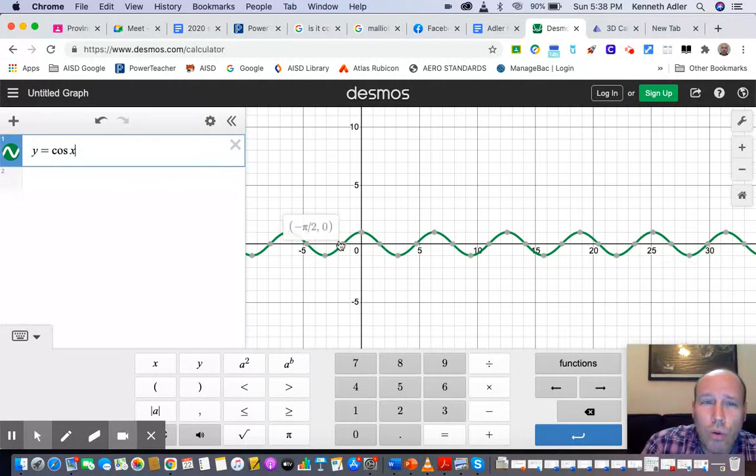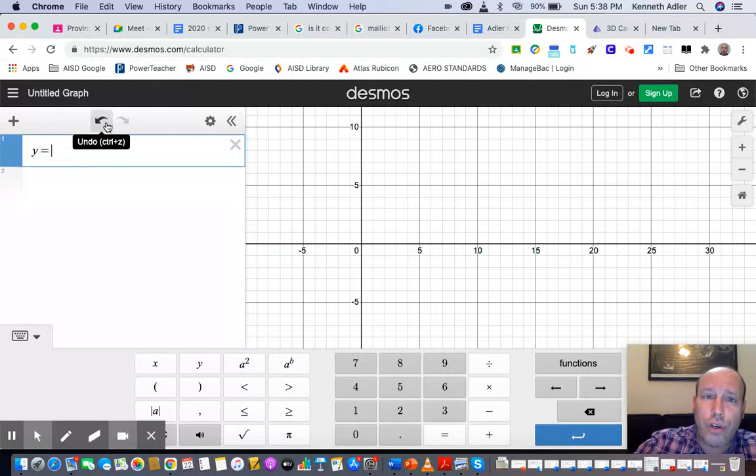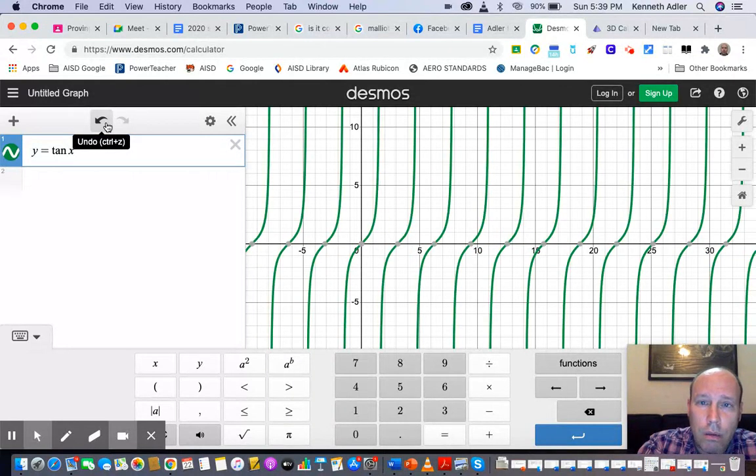What about tangent? Well, from last year you learned that tangent is sine over cosine, and we see there that cosine is sometimes 0, right? So we know there are going to be some domain restrictions on tangent, and that's when the cosine is 0.